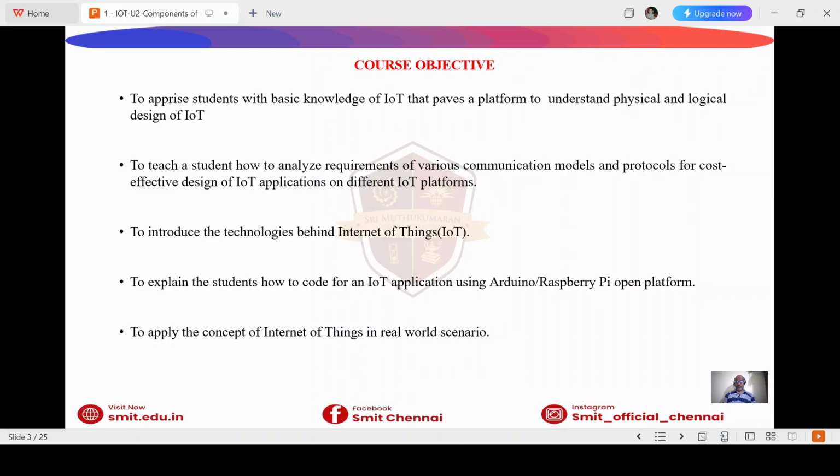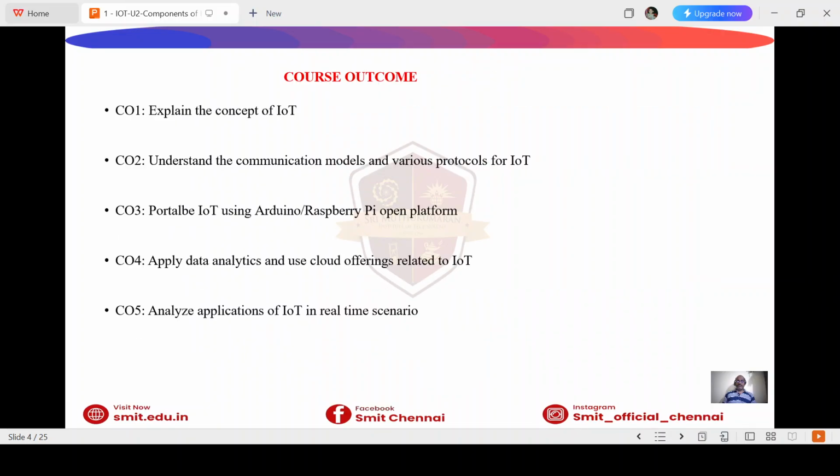That's the objective. And the course outcome is that the student understands the communication models and also various protocols for IoT, which he will be using for developing applications.